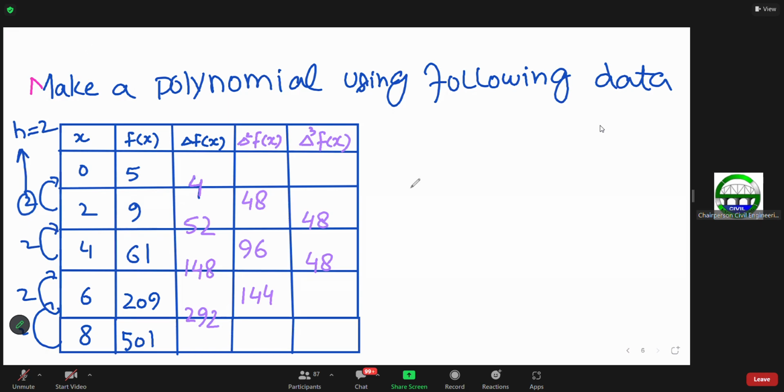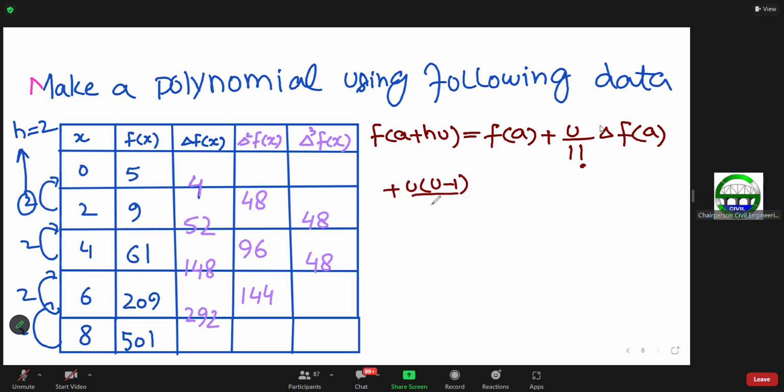If you want to solve this, you will use f of a plus hu is equal to f of a plus u over 1 factorial del f of a, plus u minus 1 over 2 factorial del square f of a, plus u minus 1, u minus 2 over 3 factorial multiplied by del cube f of a, right?